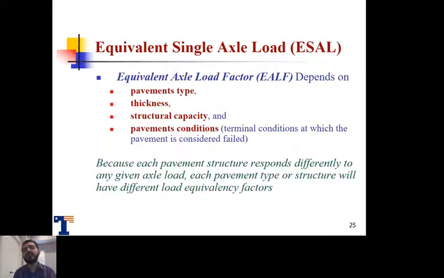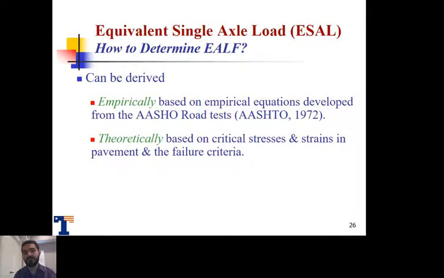The structural capacity as well, and the pavement condition, depending on the terminal conditions at which the pavement is considered failure. So because each pavement structure responds differently to any given load, each pavement type or structure will have a different load equivalency factor, and therefore we're going to have multiple tables to look up and use depending, again, on the pavement type, the thickness, the structural capacity, as well as the pavement condition.